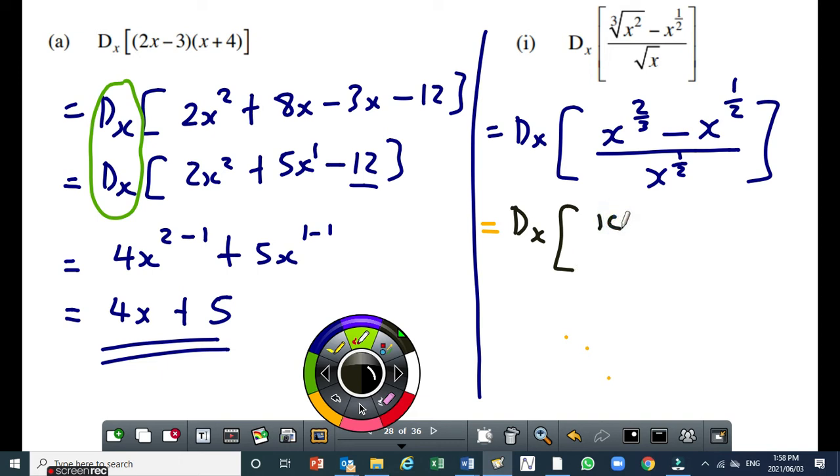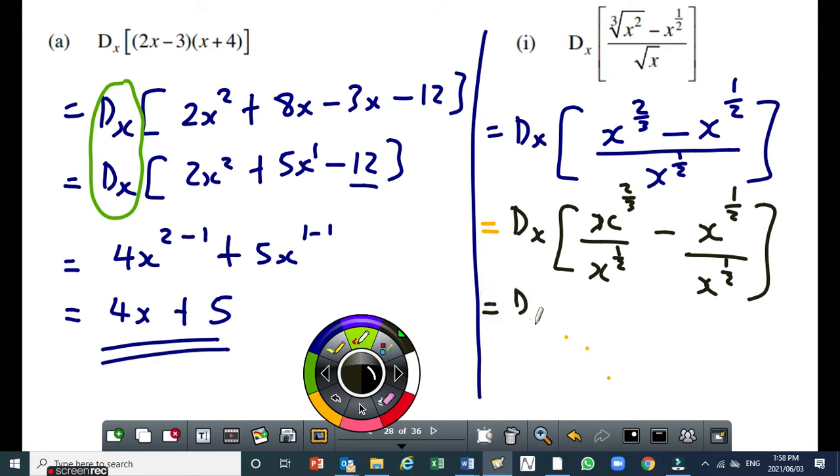So this will be x to the power of 2 over 3 over x to the power of a half minus x to the power of a half over x to the power of a half. Alright, now this is not the only way of doing it. I could take out a common factor in the numerator, but that would make it very complicated, so let's do it this way.